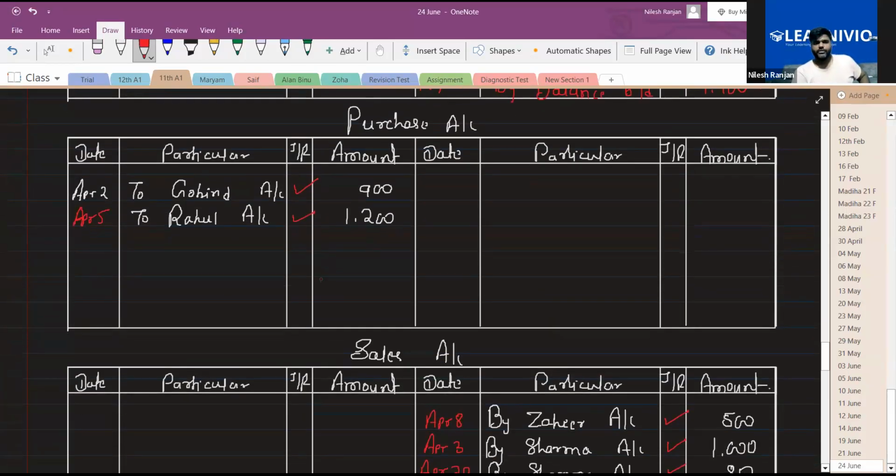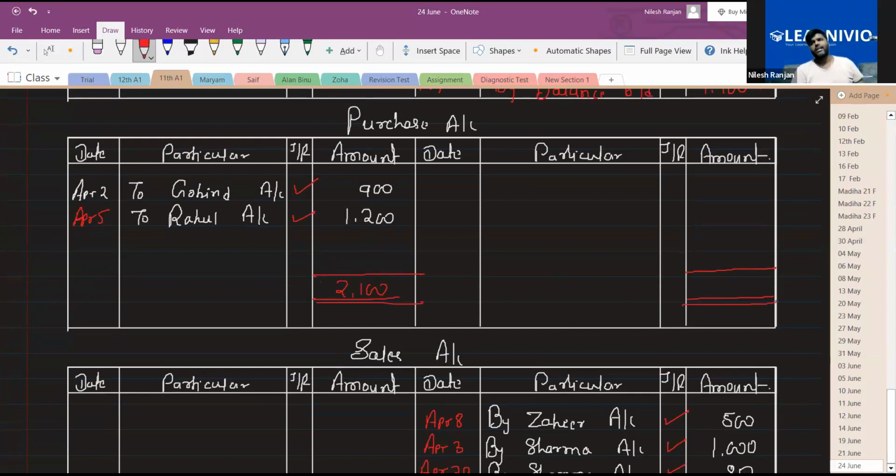Then purchase account, 2,100. Actually, some of the questions may be of this type where you have to prepare journal, ledger, then trial balance. But most of the questions on trial balance will be like they will give you the balance. You have to write on which side they will be written, on the debit side or credit side. That's it. Then calculate the total and both side totals should match.